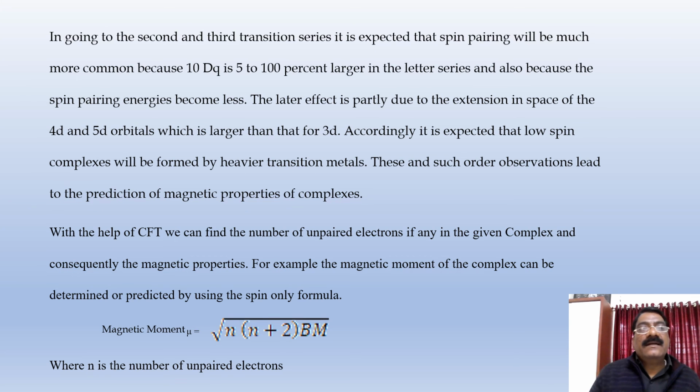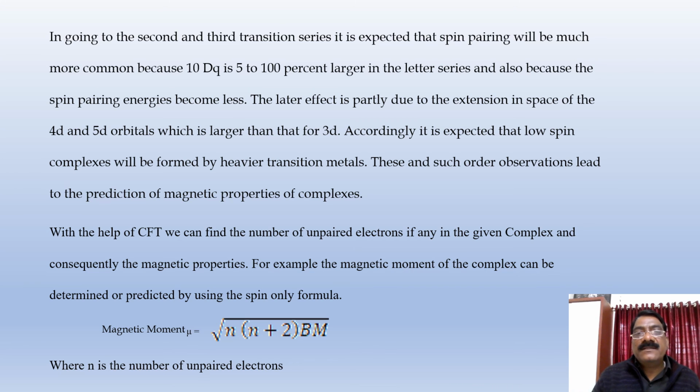In going to the second and third transition series, it is expected that spin pairing will be much more common because 10 Dq is 50 to 100% larger in the later series, and also because the spin pairing energy becomes less.